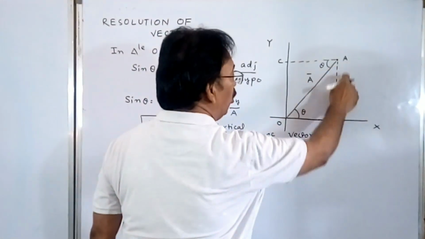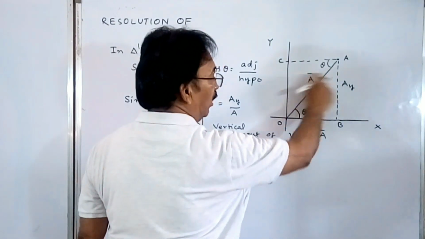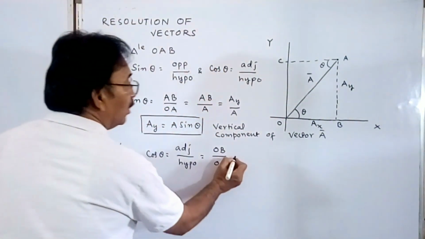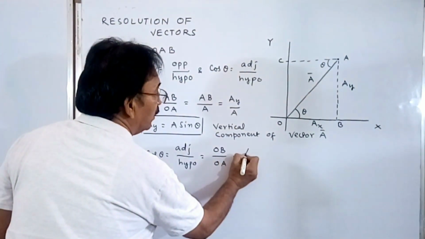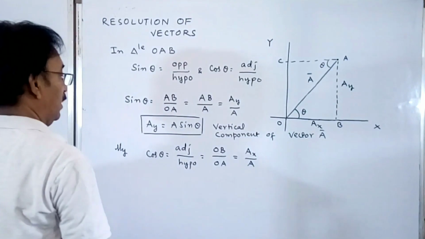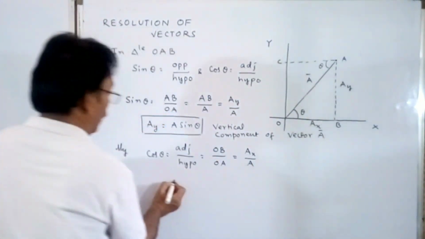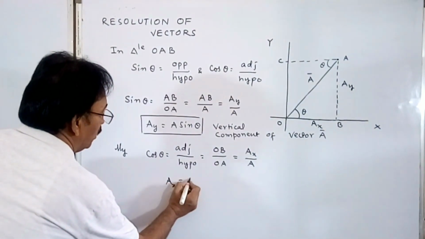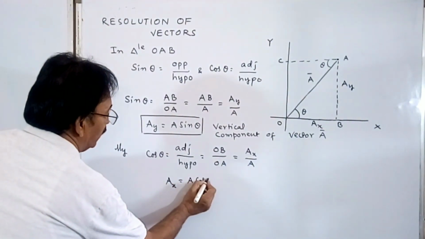If the vertical component is Ay along the y-axis, then we can write OB as Ax, so Ax by A. It gives us Ax is equal to A cos theta.